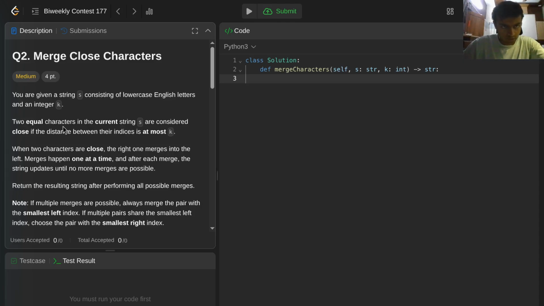When two characters are close, the right one merges into the left. And after each merge, the string updates until no more merges are possible.